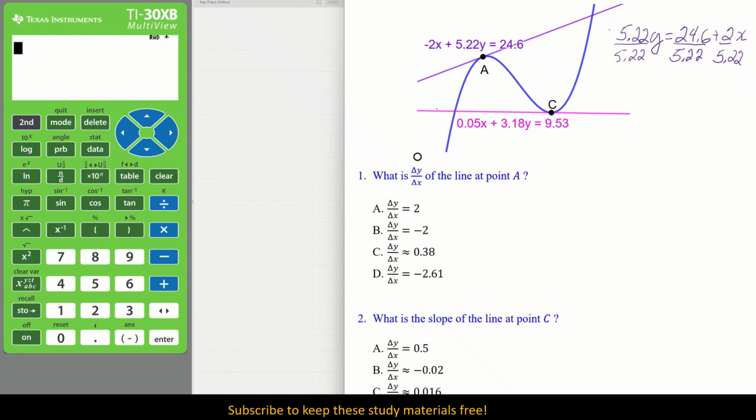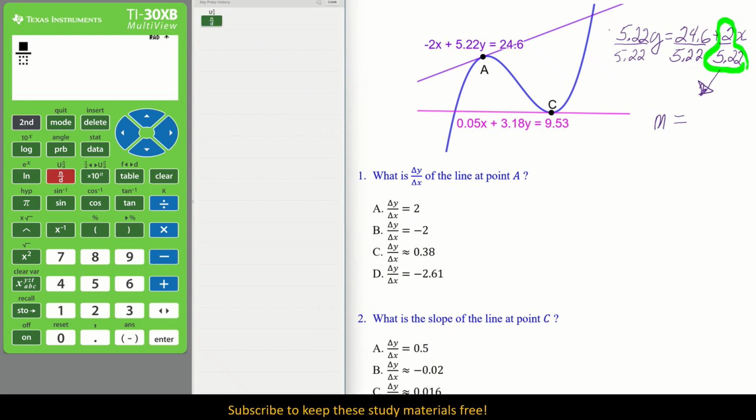Okay, regardless of what these end up being, I'm not even going to calculate them. This is what we're looking for right here. Okay, I'm going to put it back in purple. So m equals, we'll put it in your calculator. Here's your fraction. 2 over, go down, 5.22, enter.